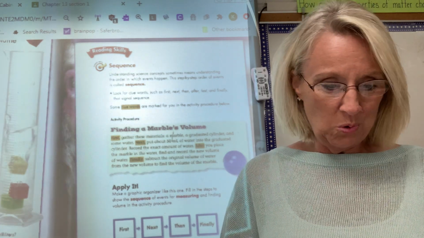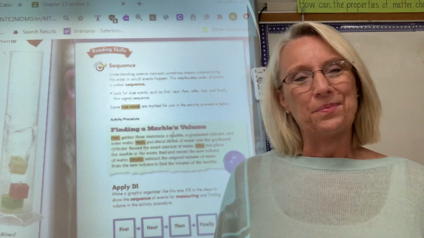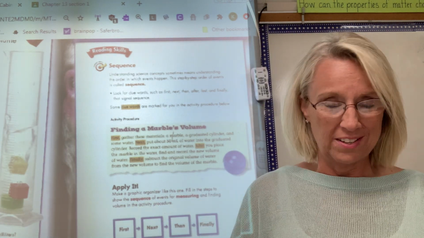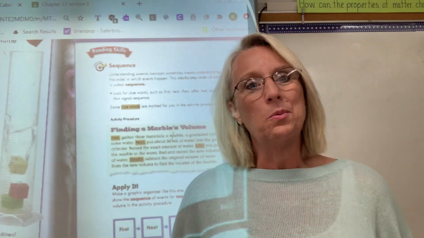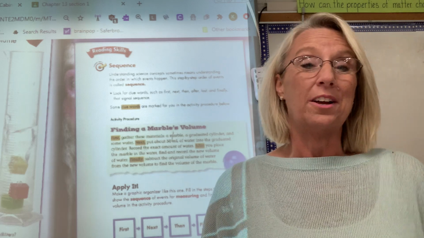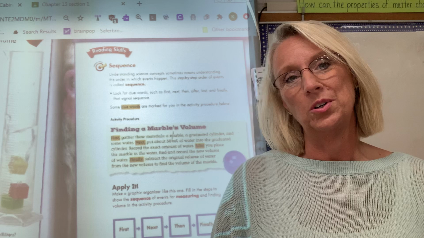I hope you enjoyed the direct inquiry YouTube video that talked about how you find the volume of an irregular solid. That is definitely one that we would have done if you had been here. We have graduated cylinders. We have Ziploc bags full of things.